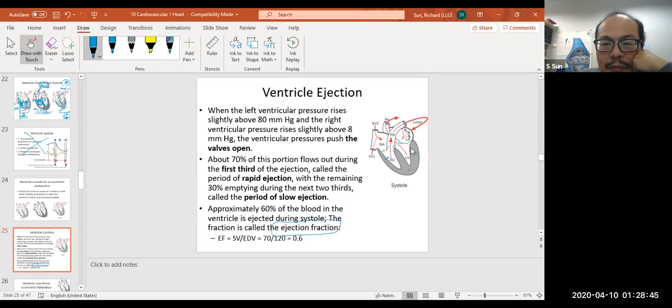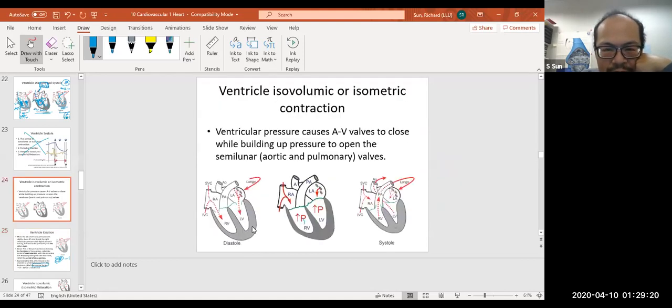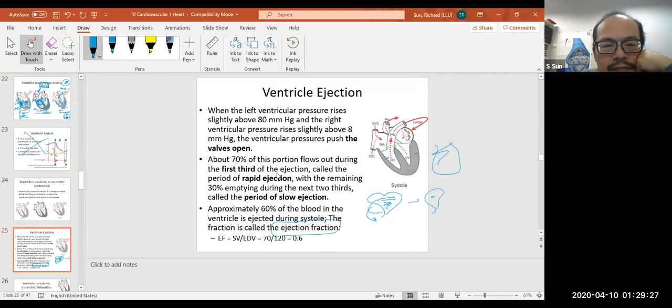So basically when the blood fills the heart, it doesn't eject it all out.